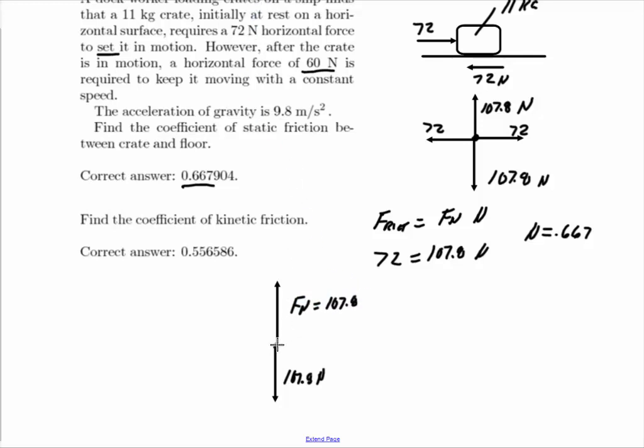It requires 60 Newtons to keep it moving. Again, constant speed, which is constant velocity. So frictional force must be 60 also to maintain that. So all we're going to do is normal force times mu is equal to friction. All we have to do is take 107.8 times mu, set it equal to 60. In this case, solve for mu, and we'll get mu as this value right here.